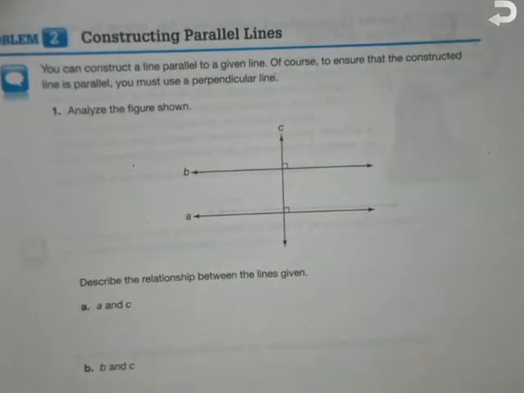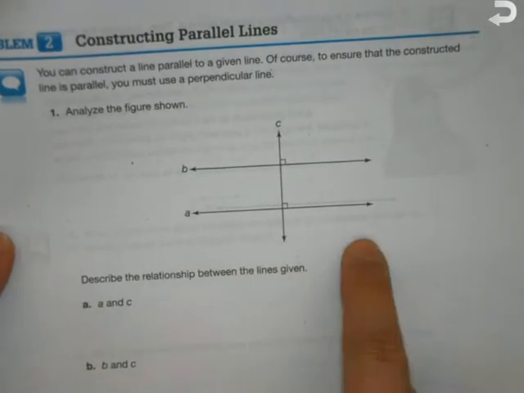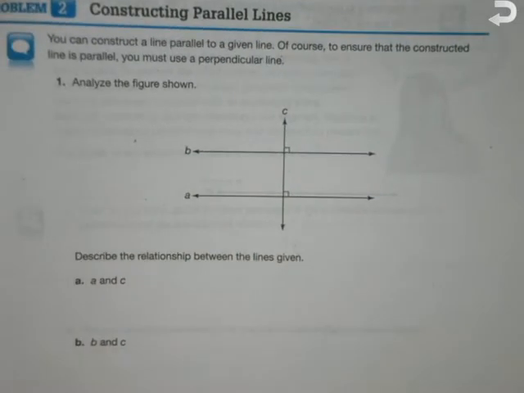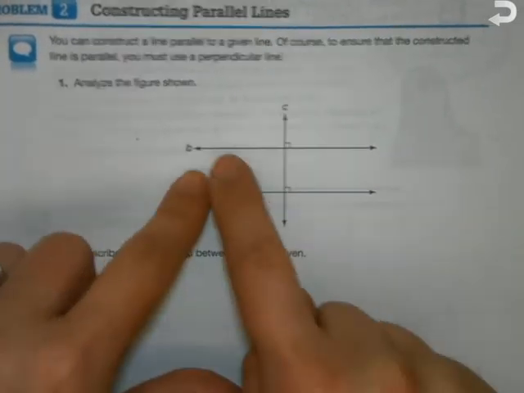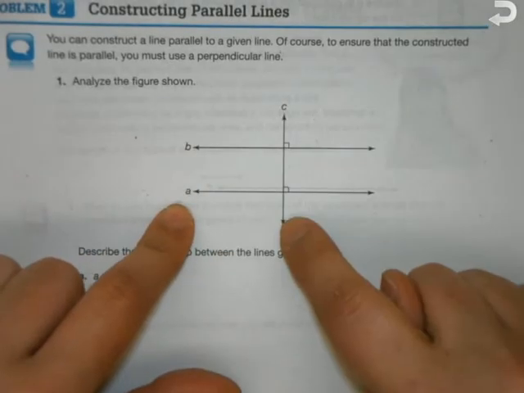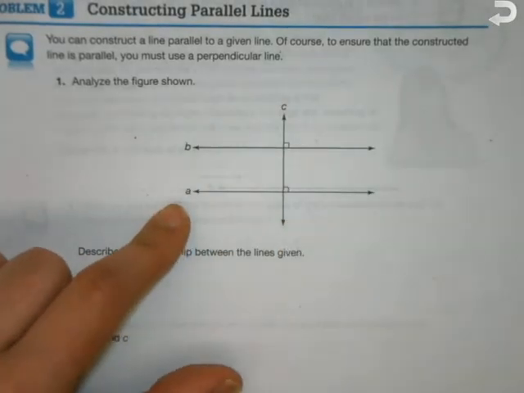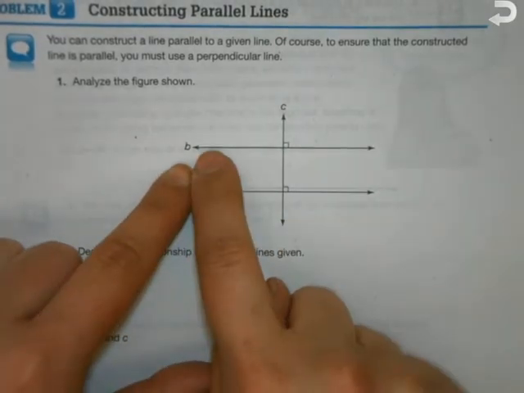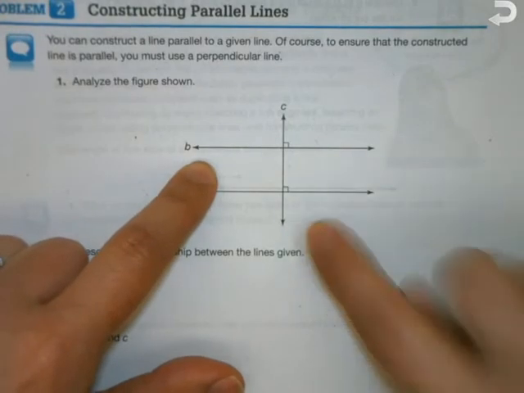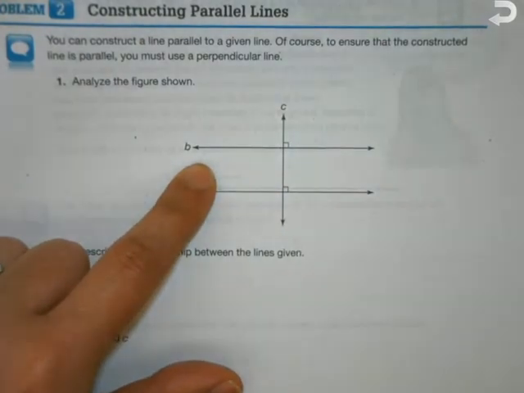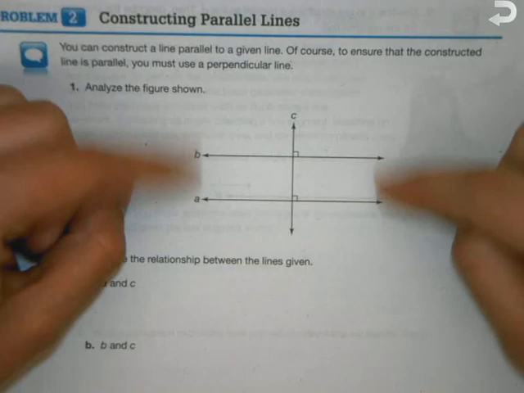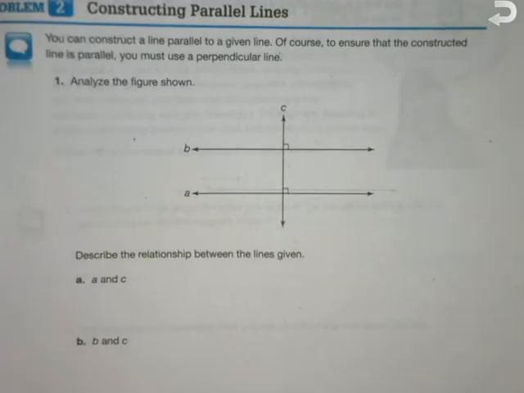Also perpendicular. So what do you think the relationship between A and B is? Parallel, which should make sense, because if A and C are perpendicular, then they have opposite reciprocal slope. If B and C are perpendicular, they also have opposite reciprocal slope. So then what would be the slopes of A and B? The same.